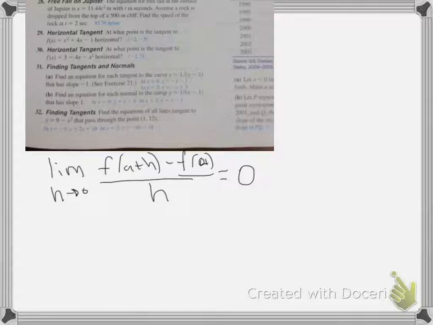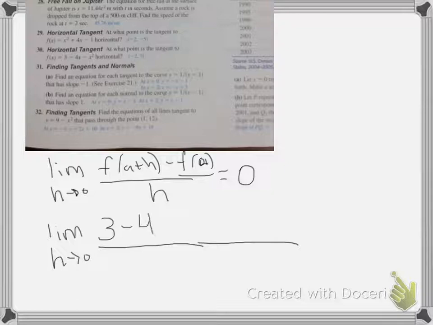So we're going to go through this process doing the limit where a stays a. No problem. So I still have the limit as h approaches 0. F of a plus h, it's going to get real big. F of a plus h means plug a plus h into that entire function. So 3 minus 4 times x. Well, what is x? X is a plus h. Minus x squared. Well, what is x?